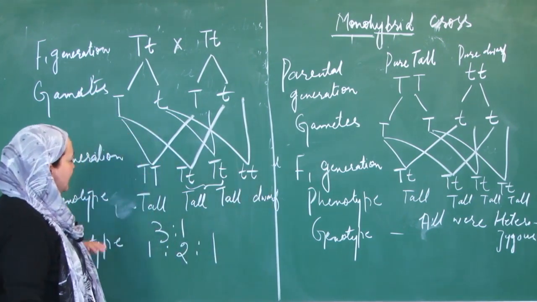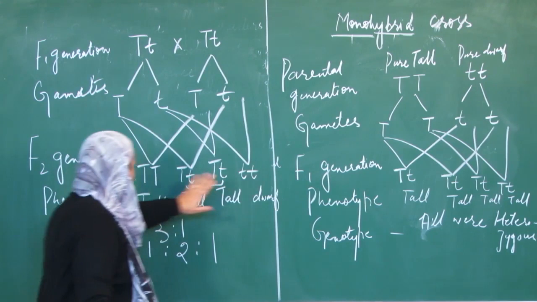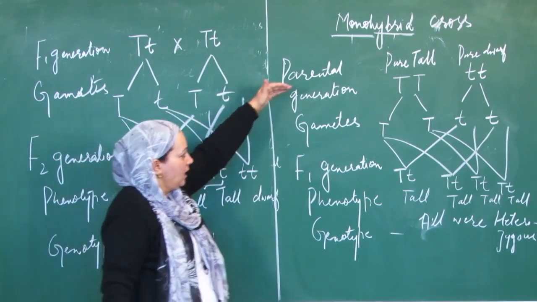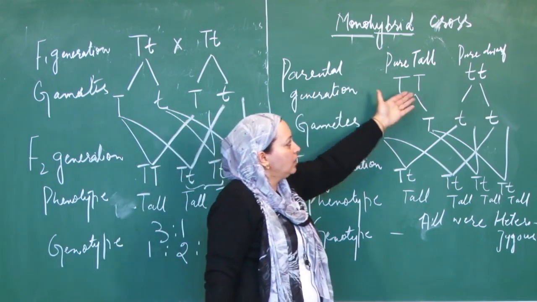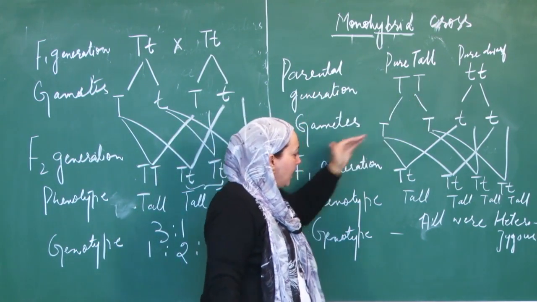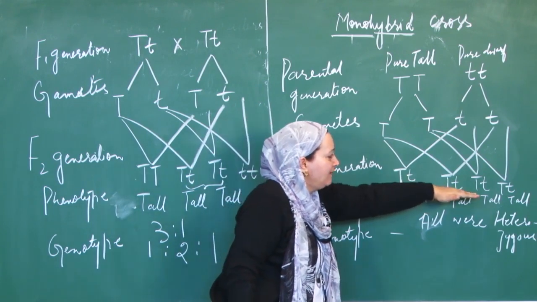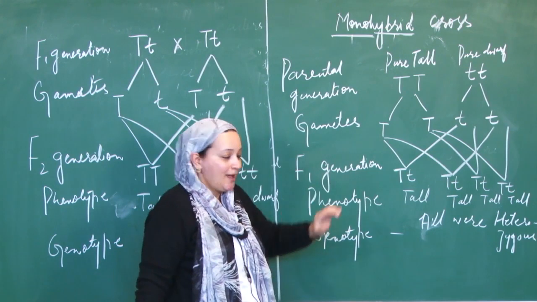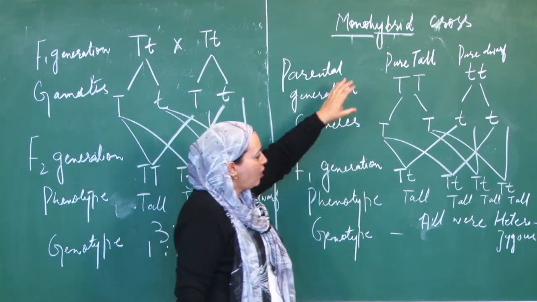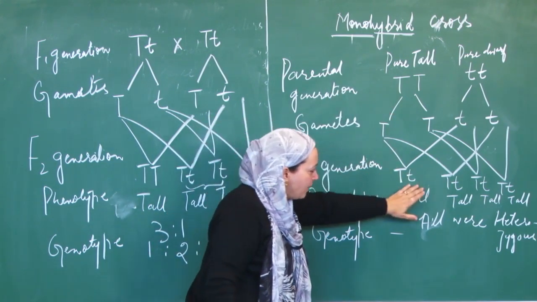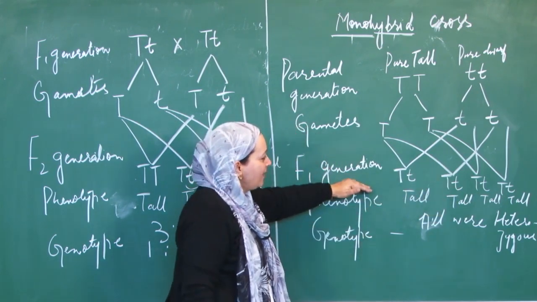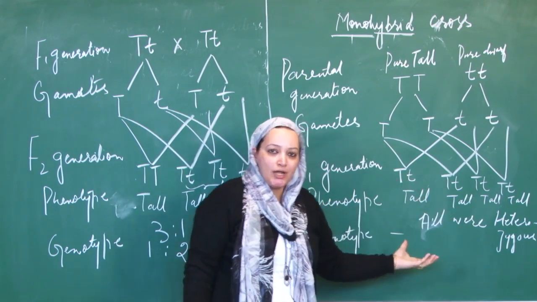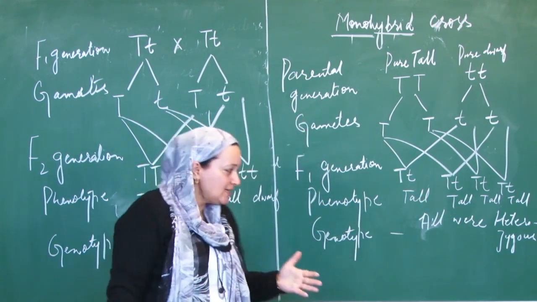Now, if you will see the parental generation, the F1 generation and the F2 generation: in the parental generation you were having pure tall and pure dwarf, but you were not able to find them in the F1 generation. But the genes for both tallness and dwarfness were present there, but they were not able to express. The gene for dwarfness was not able to express because it was a recessive gene.